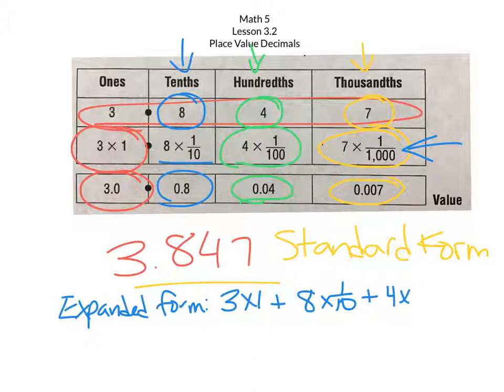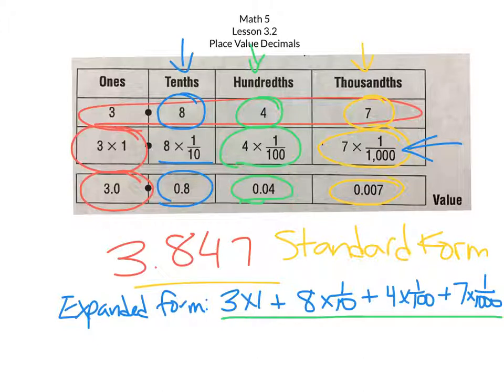Times what? 1/100. Very good. Plus, my last one is 7 times 1/1000, because that's in the thousandths place value. So this is considered expanded form.